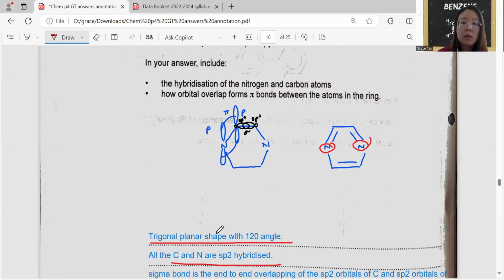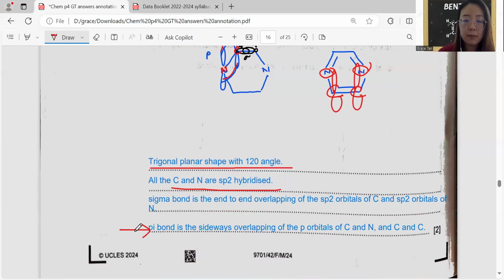You can see that there is a sideways overlapping of the 2p orbitals from the nitrogen and the carbon. We also have sideways overlapping of the 2 carbons. So that's why I said that pi bond is a sideways overlapping of the p orbitals of carbon and nitrogen, carbon and carbon.